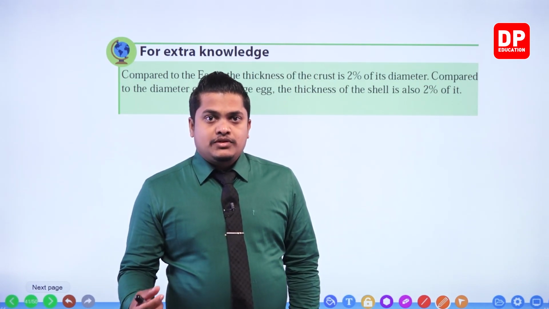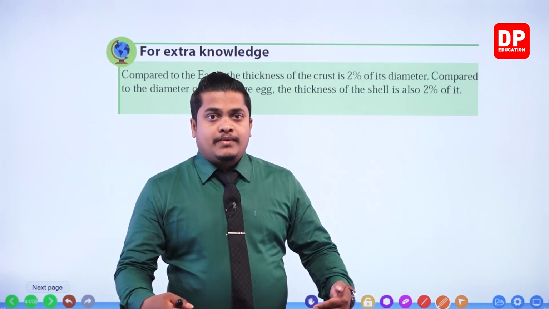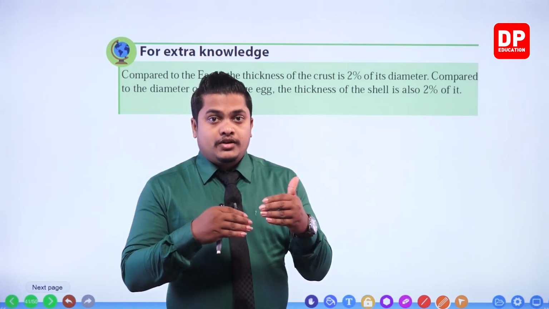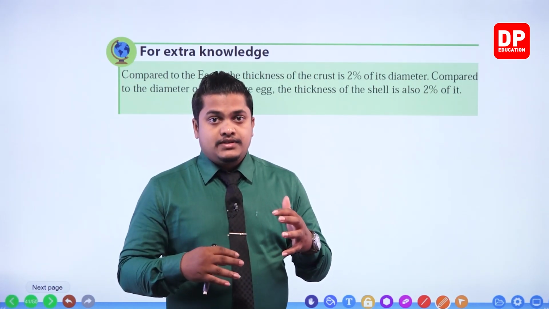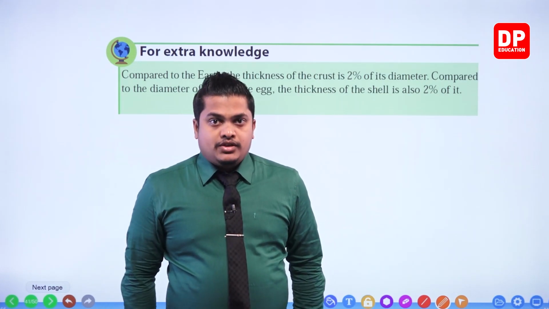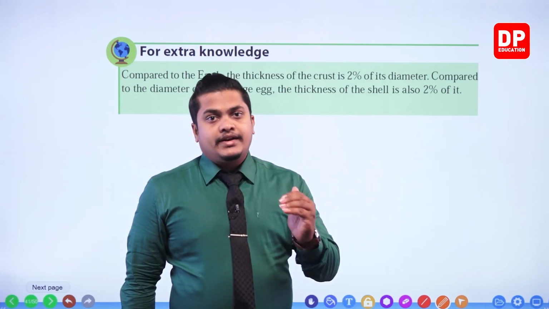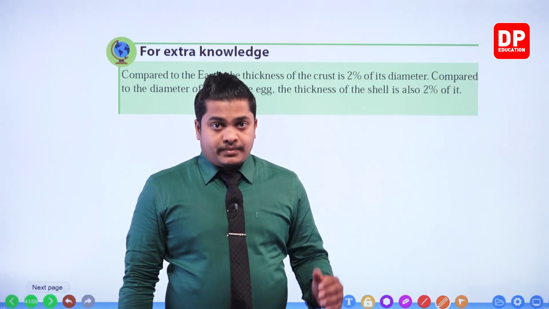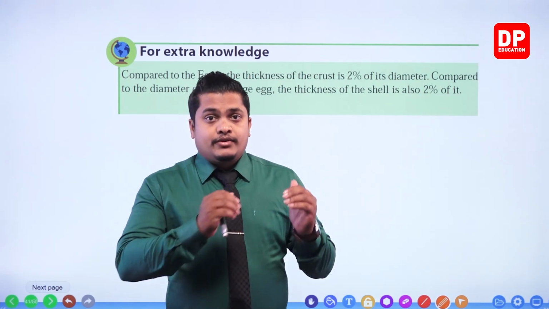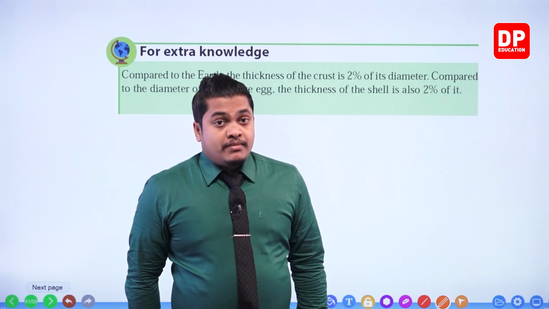The shell of an egg is also 2% of the entire egg, and all the other parts give about 98% of the entire egg or the planet Earth, my dear children. Okay. So the egg is somewhat identical to the composition of our planet Earth then.